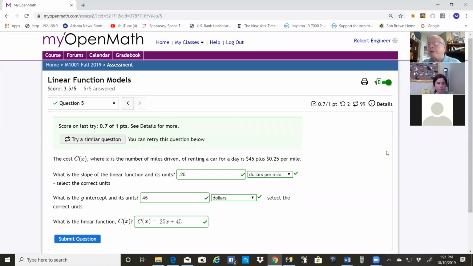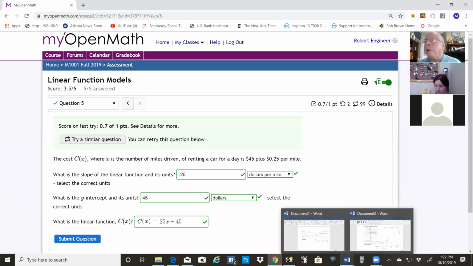So, anybody have any questions about linear? One of the things, everybody should get their notes for all of these videos and pull out the ones that have the equations. Okay, I think we've gone over the important ones.